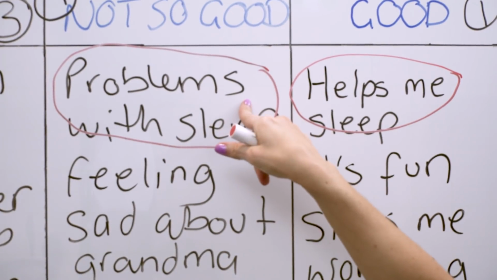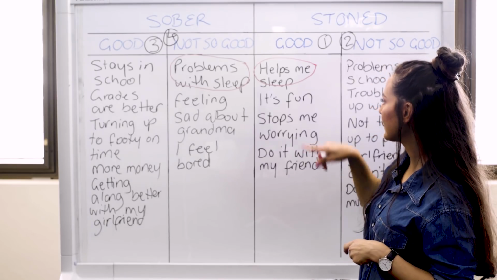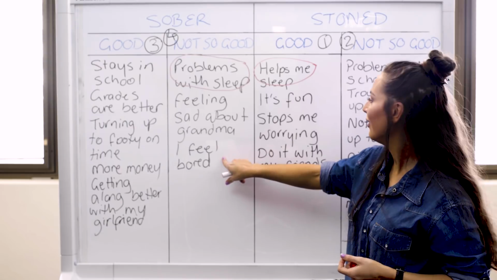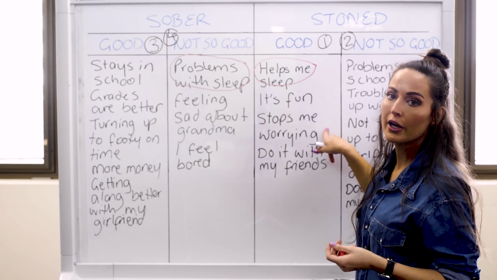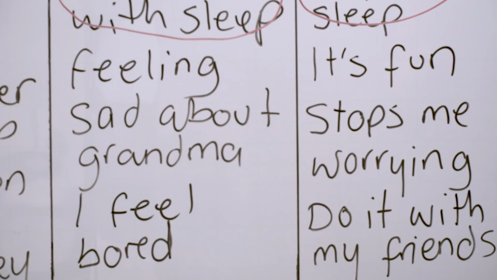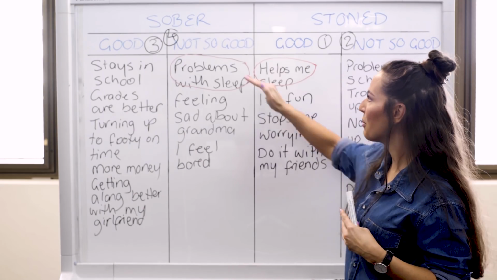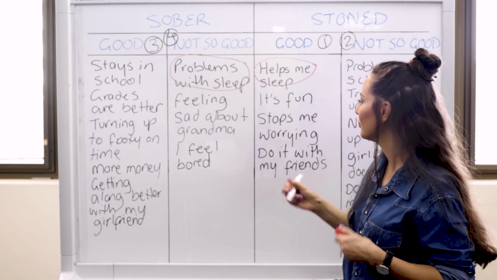And then on this side, he's saying problems with my sleep. Similarly, he's saying it's fun. And over here, he's saying I feel bored. And finally, if we look at this one here, stops me worrying about grandma. And over here, feeling sad about grandma. So now we can see that the responses in the good things about being stoned match up and cancel out the not so good things about being sober.